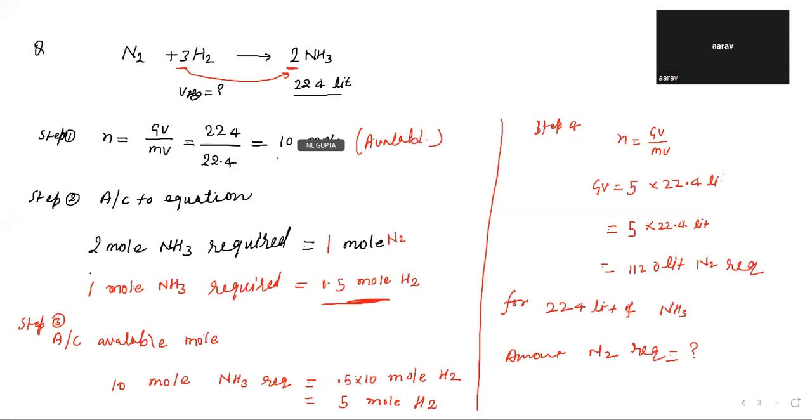If you are calculating, 5 mole will come, right? Then according to the balanced equation, you need to find the mole. Then STP they have given. So mole is equal to given volume upon molar volume. So given volume is equal to n into molar volume. So some value will come.